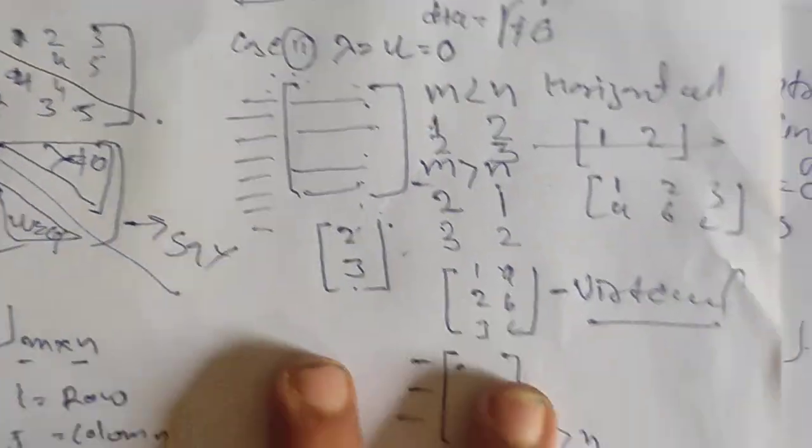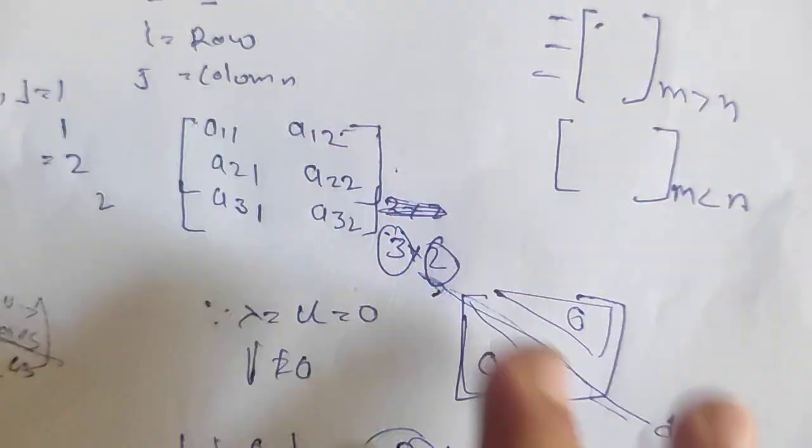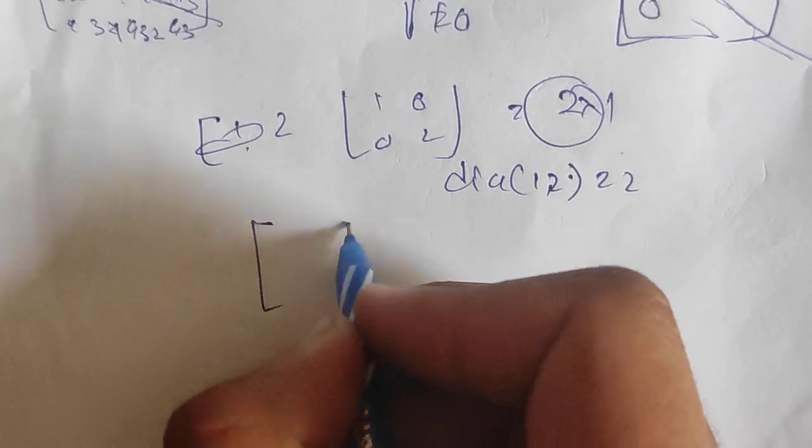Now our question: if gamma is equal to 0, let's understand what it is called. The remaining part we will discuss in the next class.